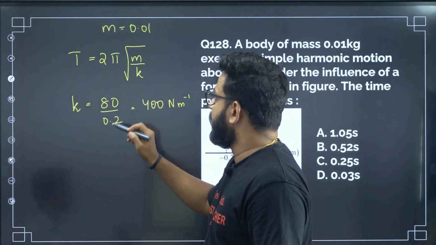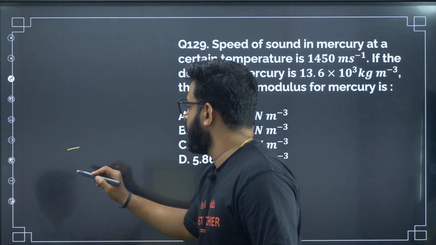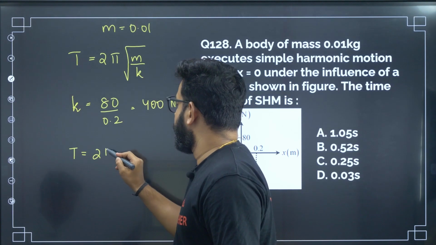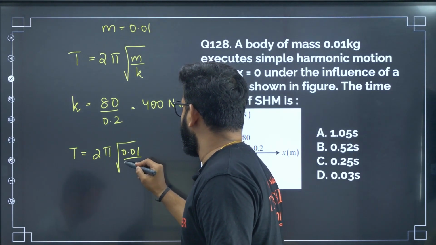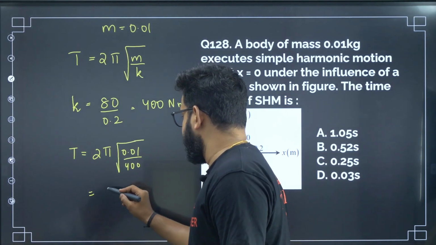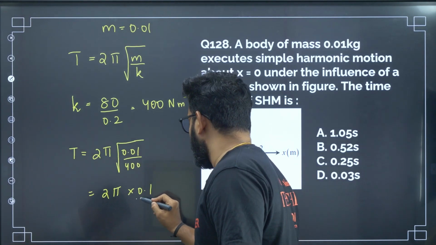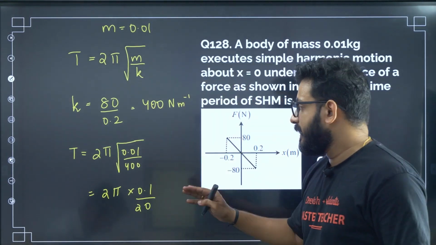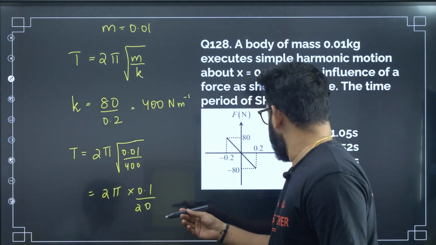So if you substitute, the time period is equal to 2 pi root 0.01 whole divided by 400. You can take the root directly. 2 pi, 0.01 root is 0.1, 400 root is 20. So ultimately you will end up with 2 into 0.2 and 1 by 100.